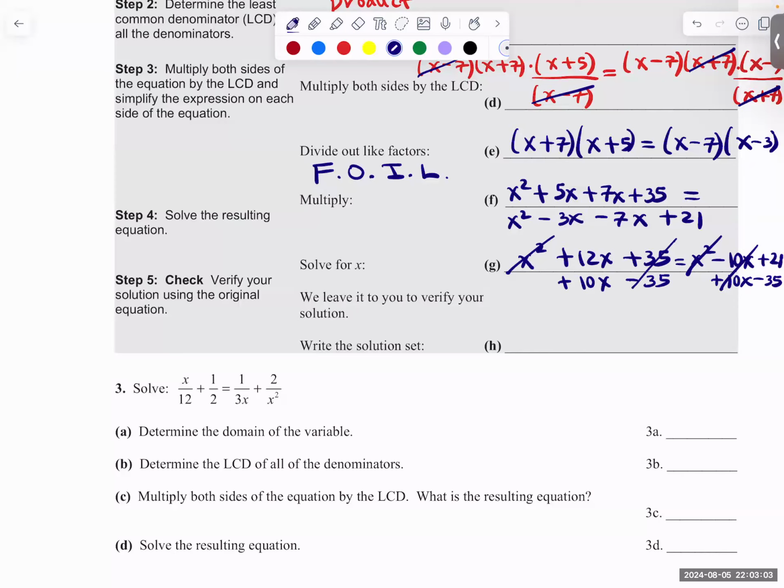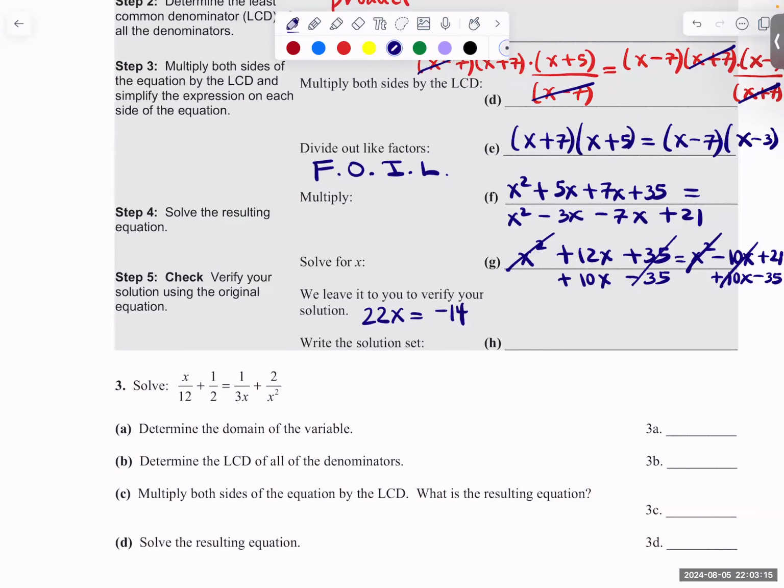So we have 22x is equal to negative 9 and 5, 14. So divided by 22 on both sides, we have x equals negative 14 divided by 22. We can divide by 2, so we get negative 7 divided by 11.